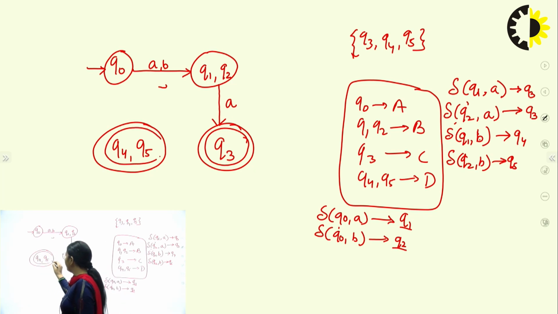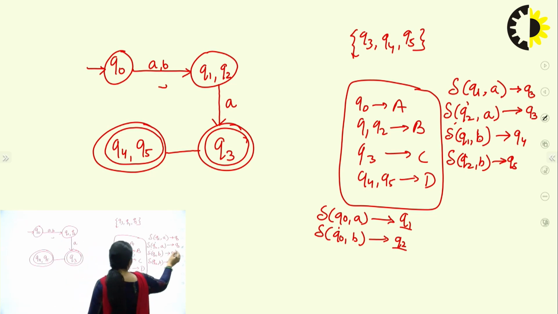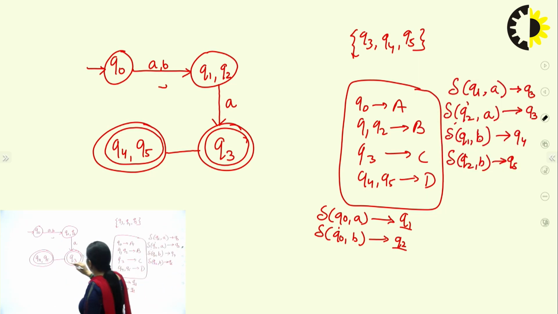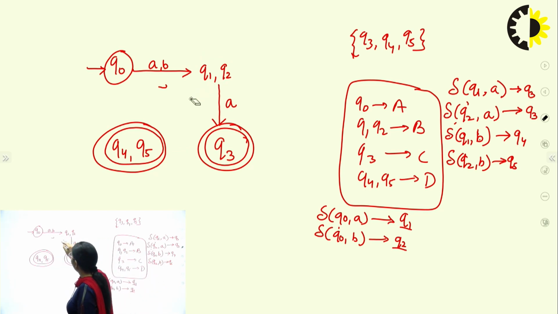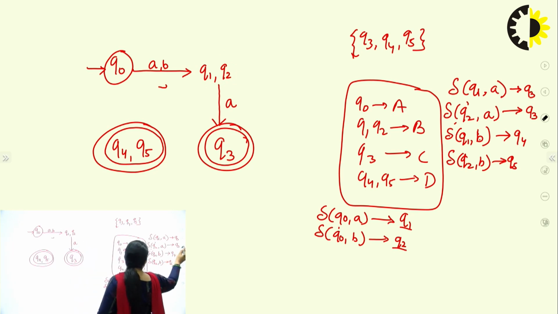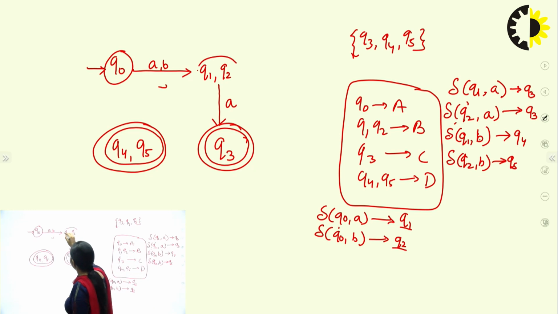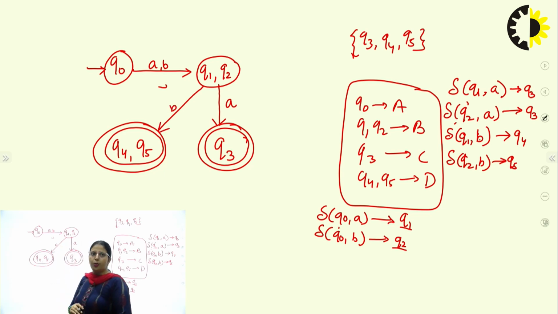As we know, Q4 and Q5 are final states, as Q3 is, so we have to mark the final states with a double circle. So for input A it goes to Q3, and for input B it goes to Q4 comma Q5.